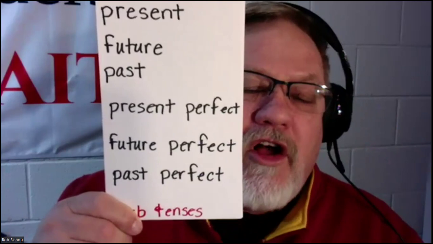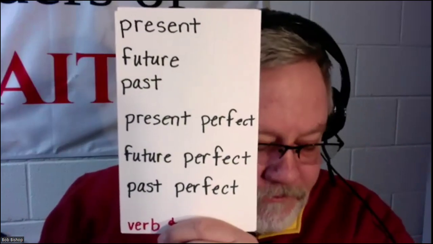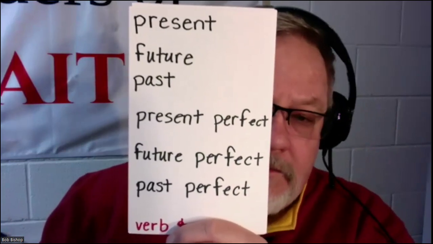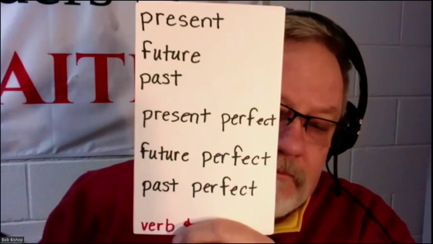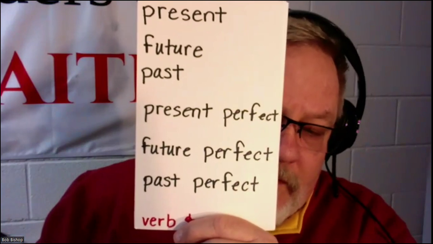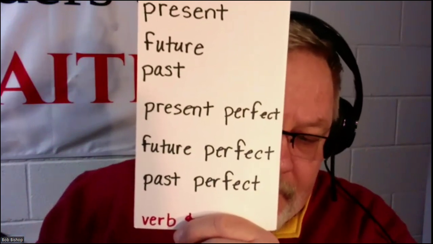So these are called tenses in English. Present, future, past, present perfect, future perfect, past perfect. And there are other ones.